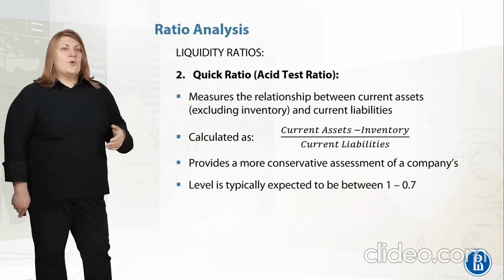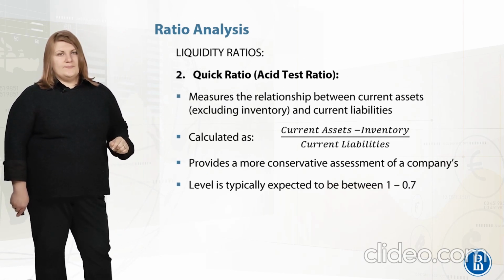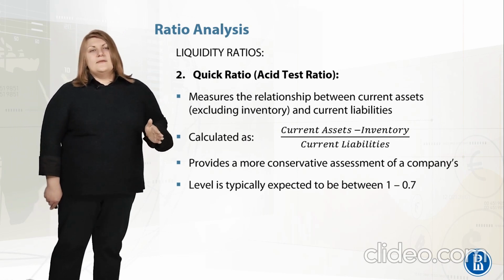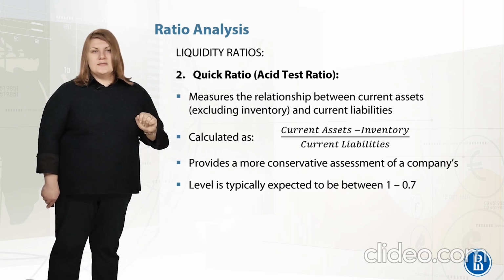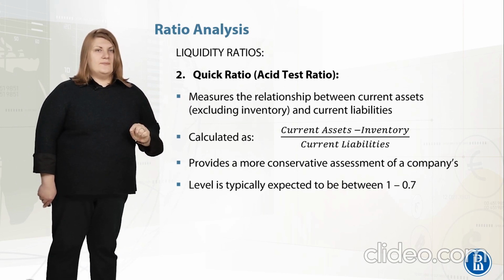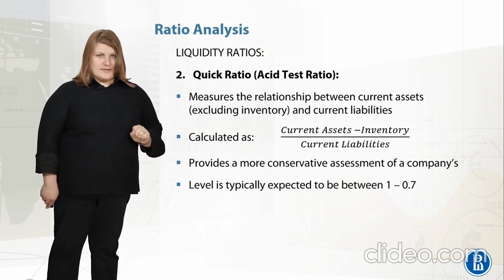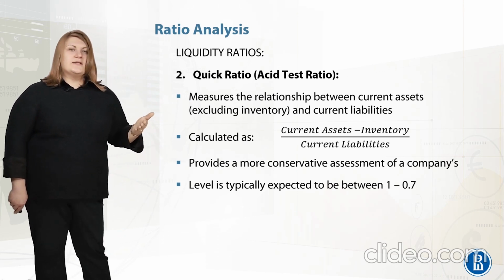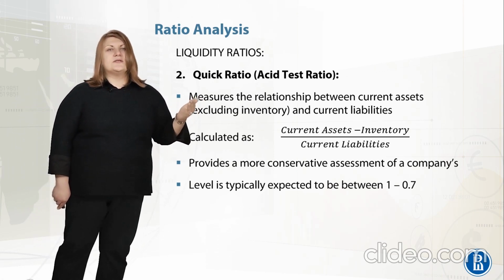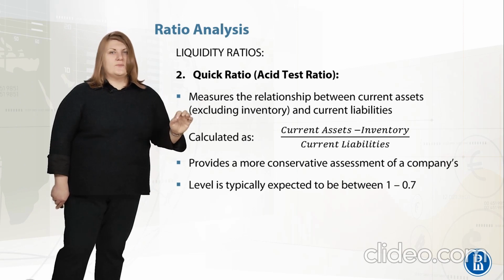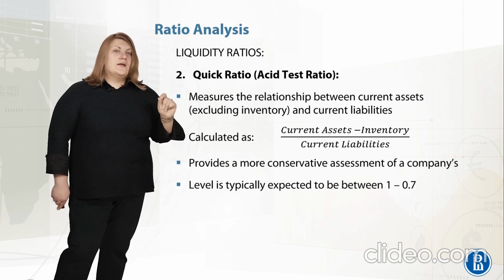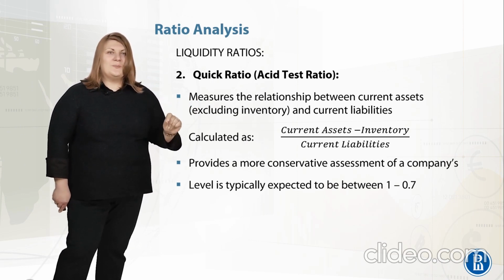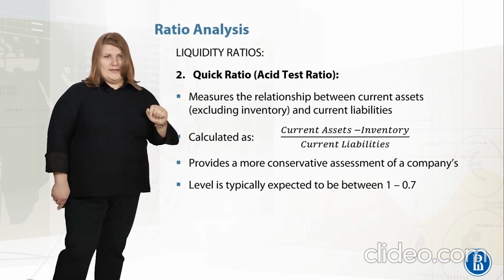Now, the quick ratio or acid test ratio. This ratio will measure the relationship between current assets, excluding inventory, and current liabilities. The numerator here specifically excludes inventory, which is deemed to be the least liquid of all current assets, right? Inventory is something which a company holds for more than 1 year.